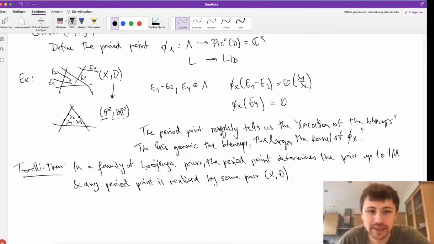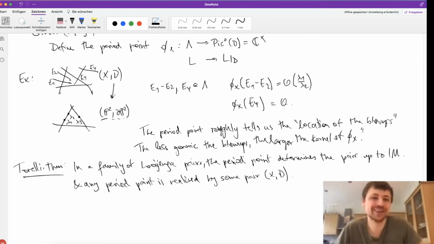But morally speaking, a family of Looijenga pairs, you get that by moving around the points you blow up. That's what gives you the moduli of these Looijenga pairs. And the Torelli theorem just tells you that if you blow up at the same points, then of course the surfaces are isomorphic.